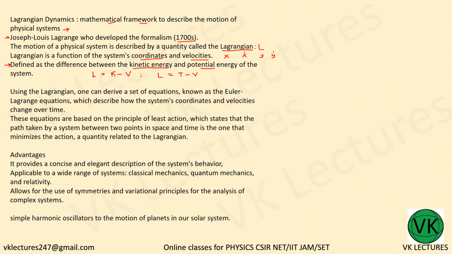Using the Lagrangian L, one can derive a set of equations known as Euler-Lagrange equations, or simply the Lagrangian equations of motion, which describe how the system's coordinates and velocities change over the course of time.